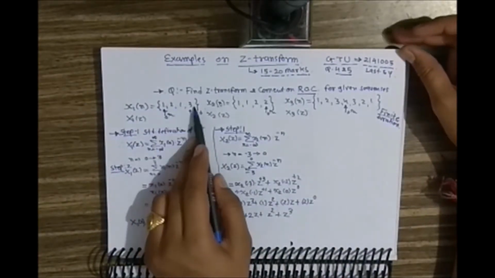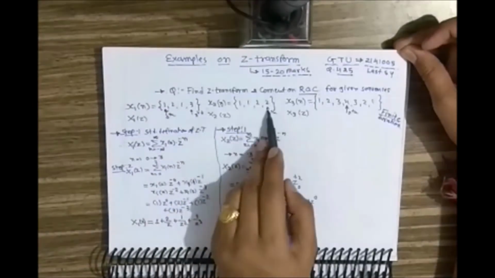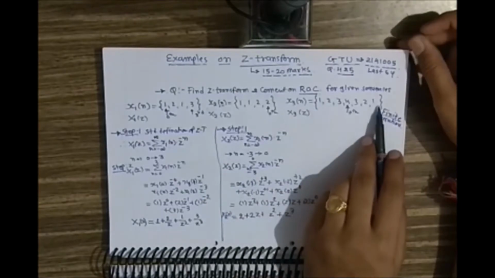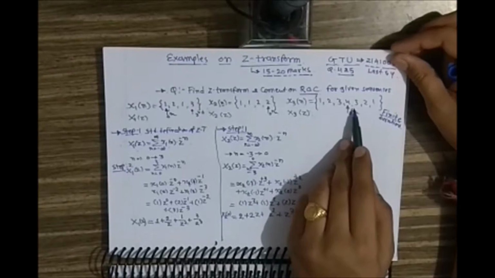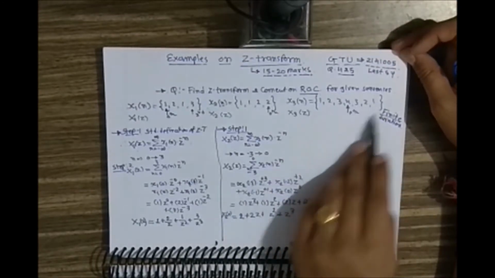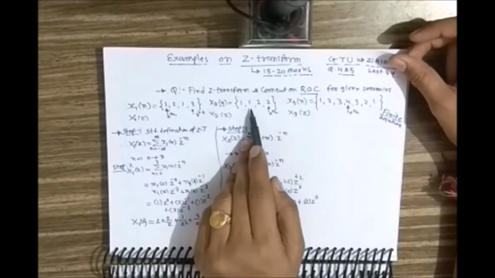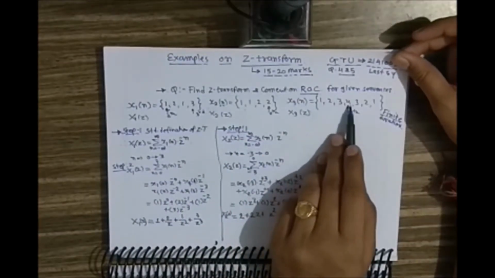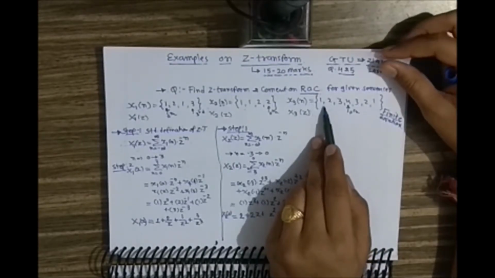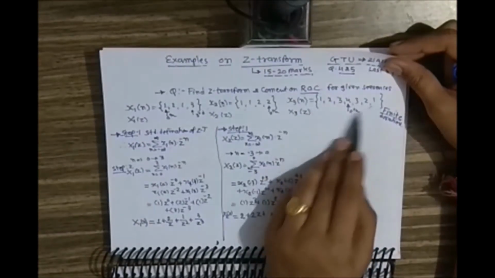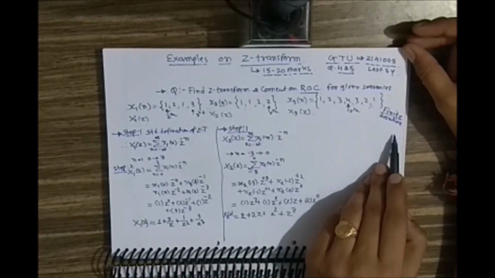It means these sequences end at some finite number of values and never go infinite. They have a finite number of samples. This sequence has 4 samples, this sequence again has 4 samples, but this sequence has 4 and 5 samples, so the total number of samples is 7. So again, this x3 of n is a finite duration sequence.